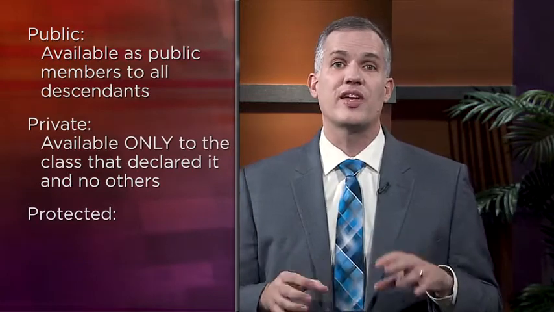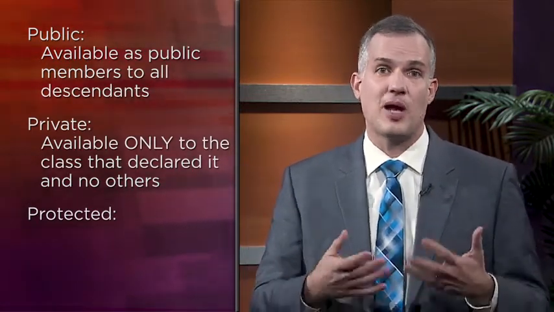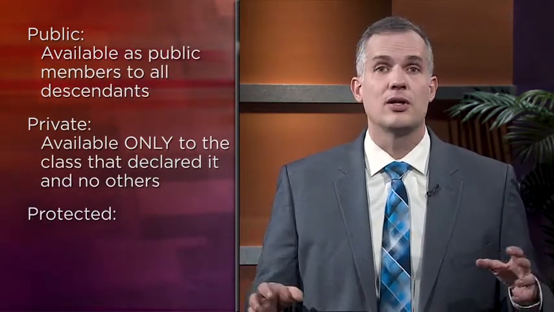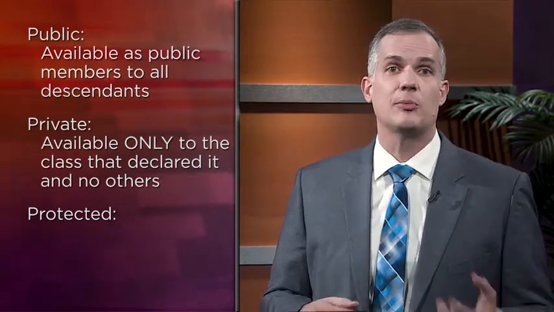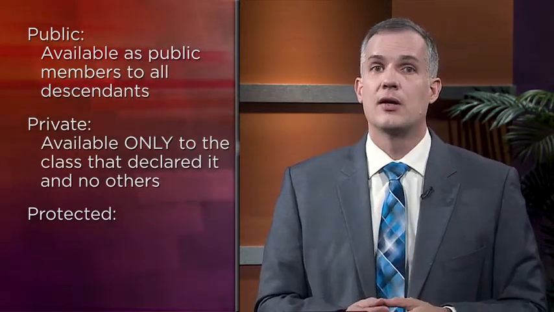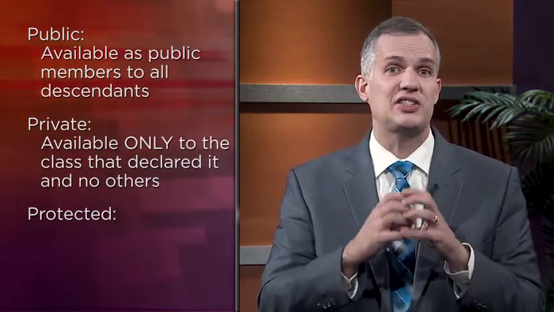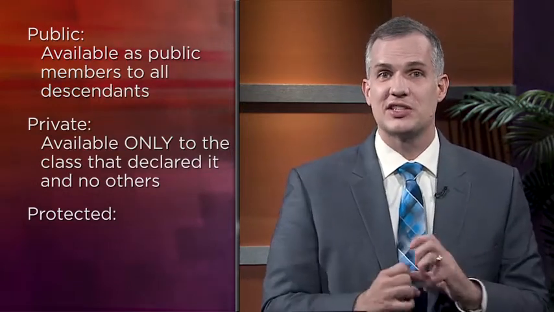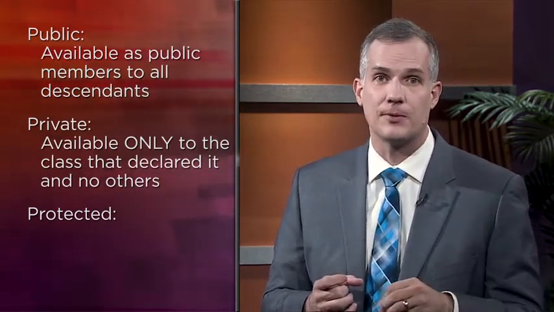Now, as before, things that are public will get inherited by all of the descendants and be public members of all of those descendants. Any code can call those member functions or access those member variables directly. The private member properties are accessible only to the class that they're declared in and no others. Not even the descendants of a class can access those member properties that are considered private.